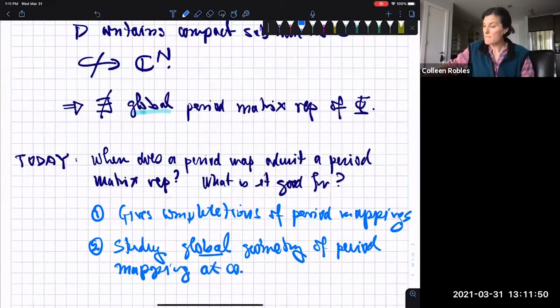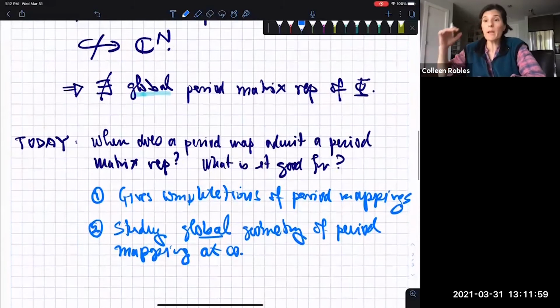at infinity. Okay. So the local geometry for period mappings at infinity is given to us by Schmidt's nilpotent orbit theorem. But what I want is the following. Schmidt's theorem is a statement that's over a local coordinate chart at infinity. So in particular, the period mapping will probably not a priori be proper when I restrict to that punctured coordinate chart. I need neighborhoods of compact varieties at infinity, where I have a period matrix representation and the period map is still proper.